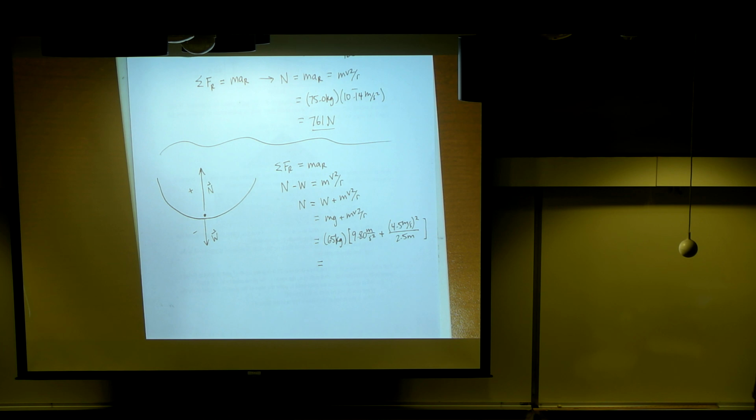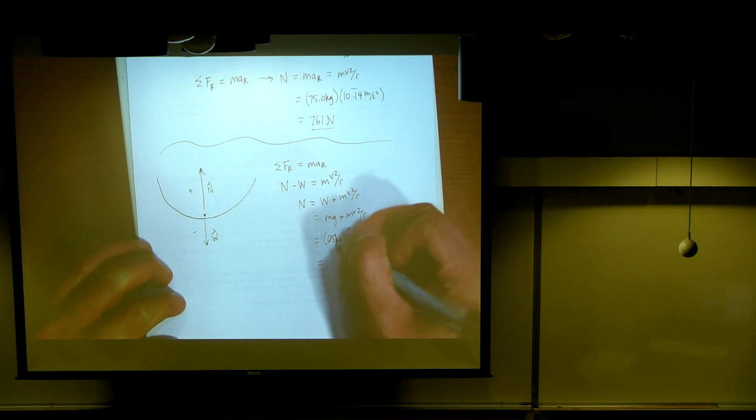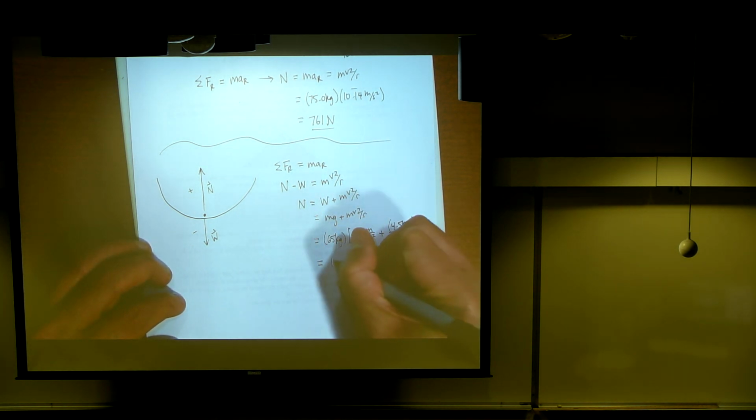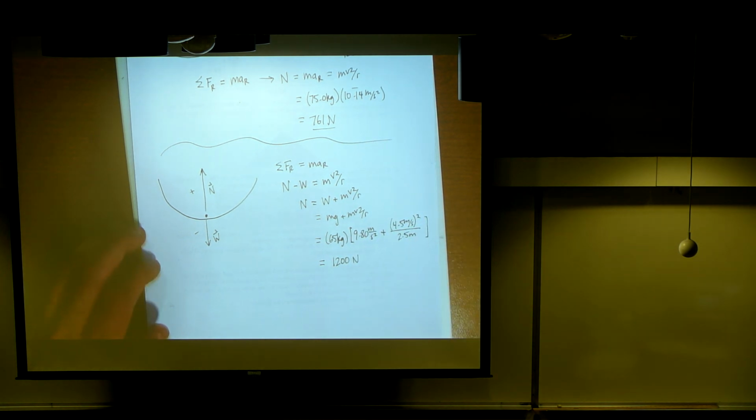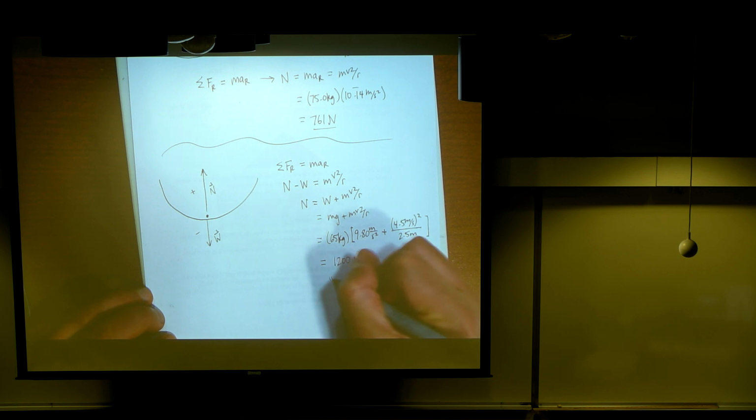Okay, what's that going to be? I got 1,163. Yeah, I'm going to round that off to about 1,200 newtons. So this is what we might call the apparent weight.